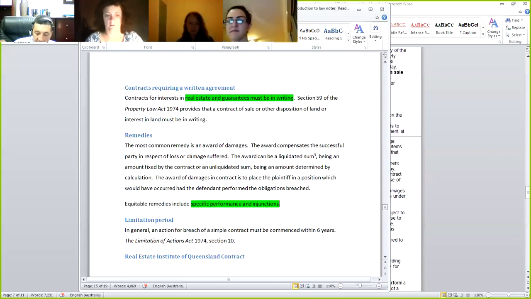I'll pay the money, but I want this land at the price we agreed. The court can order that the seller specifically perform the contract and force the sale.